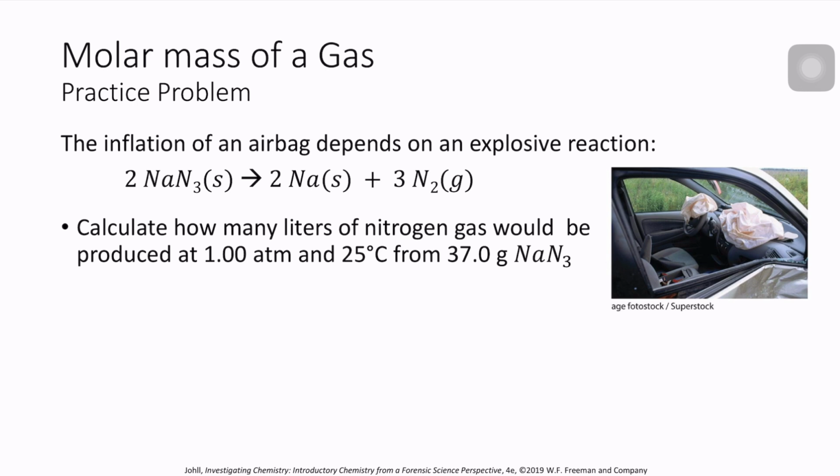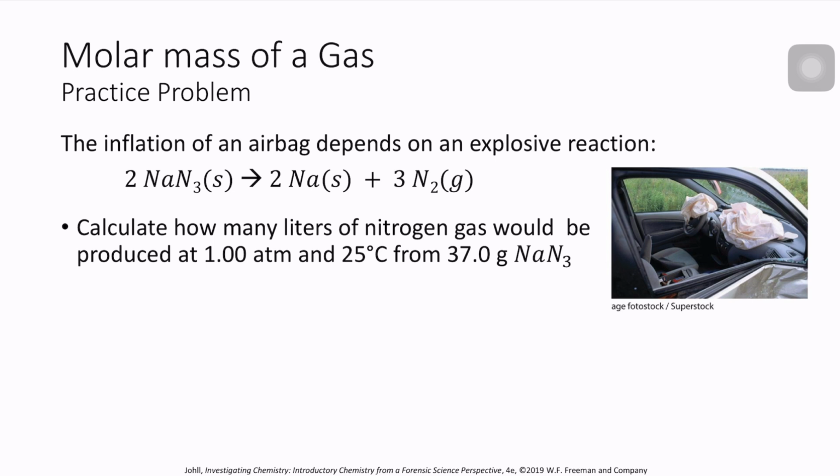And if you don't have this in your airbag, then the airbag will not detonate. So we can calculate how many liters of nitrogen gas would be produced at 1 atmosphere and 25 degrees Celsius from 37 grams of sodium azide.